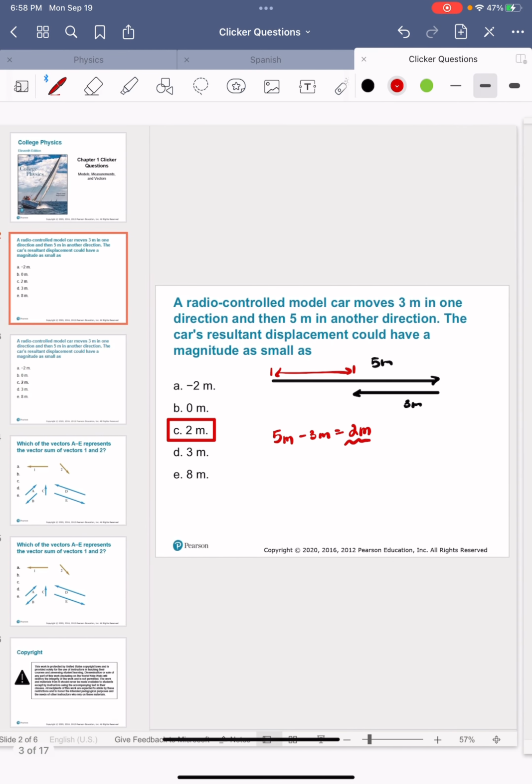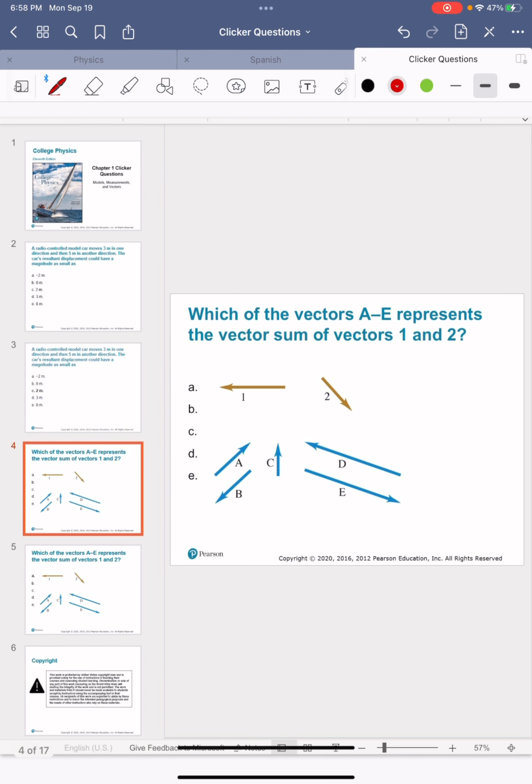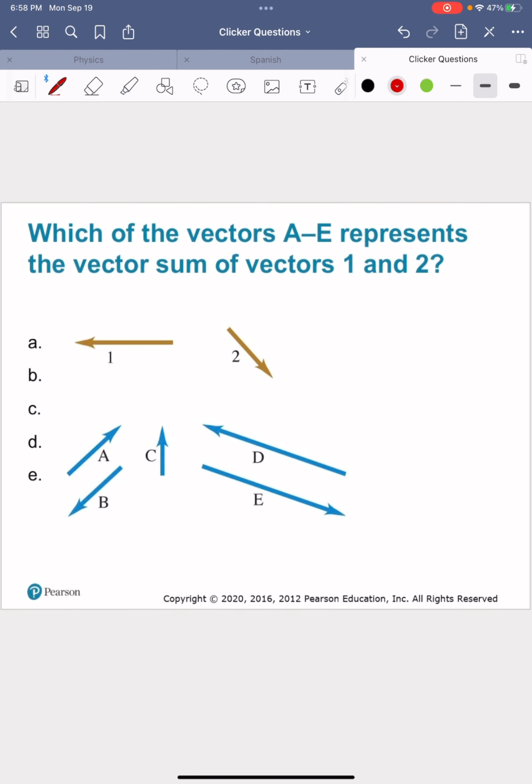Moving to the next question of chapter 1: which of the vectors A through E represents the vector sum of vectors 1 and 2? Let's redraw vectors 1 and 2. If we consider vector 1 is this one, vector 2 we can draw so that it starts from here. Vector 2 will be something like that.